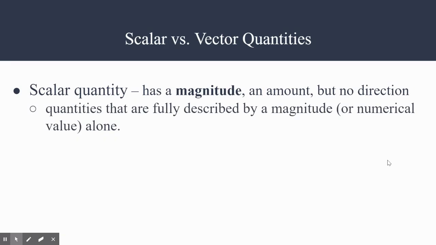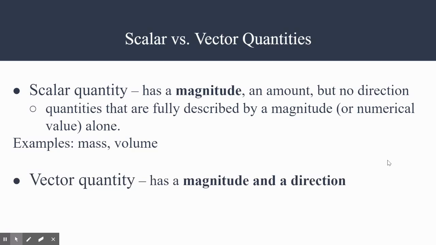They're quantities that are fully described by magnitude or numerical value alone. Some examples of scalars are mass and volume. Mass just has some numerical value to it, no direction, and so does volume. It's something that's not traveling a certain way, but it just has some number assigned to it.